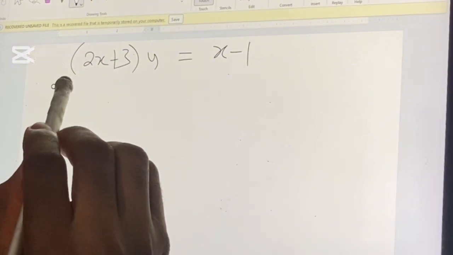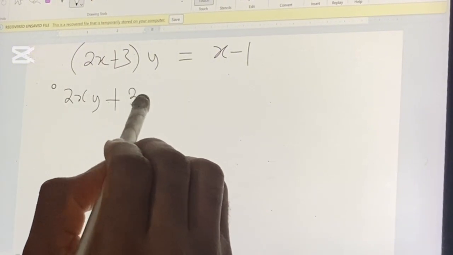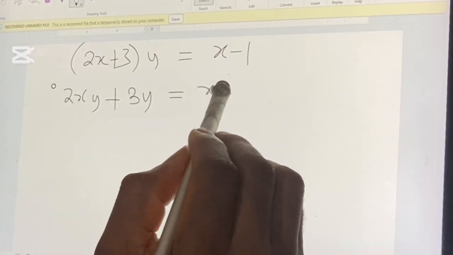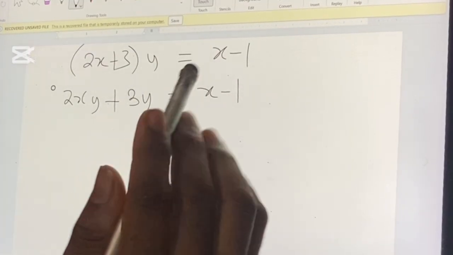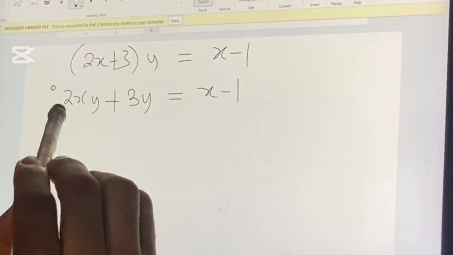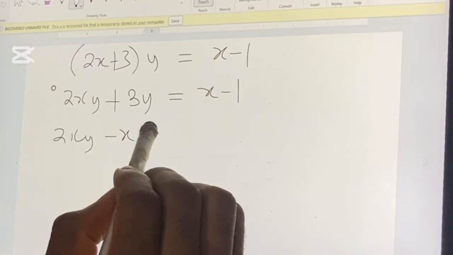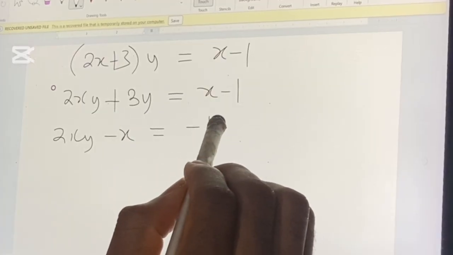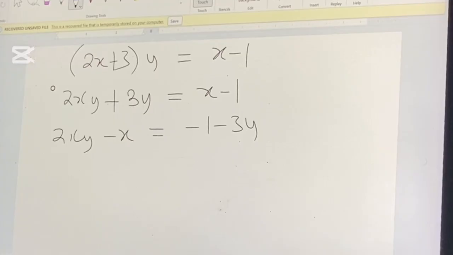I will open this bracket here, that is 2sy plus 3y is equal to s minus 1. Let's take like terms here, okay. I'll group all the s in one place. I will have 2sy minus s is equal to minus 1 minus 3y, okay.